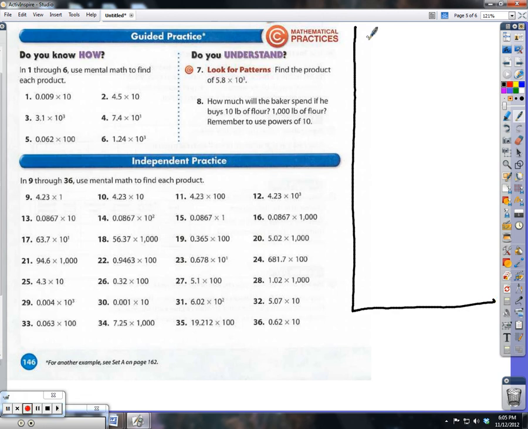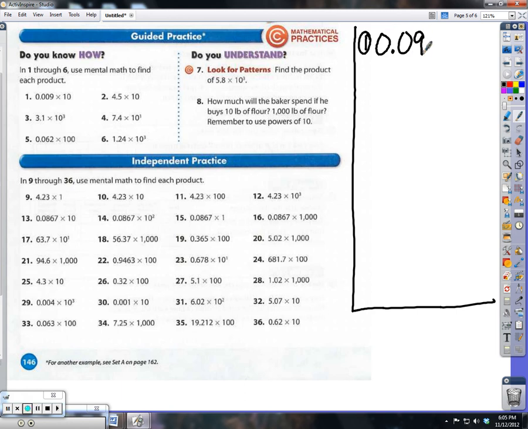So I told you on page 146 you could do the answers only. So number 1. Okay, if you look over here at number 1, you have got 9 thousandths multiplied by 10. So you move the decimal place to the right 1 place because there's only 1 0 in 10. Well, when you do that, it's going to put the decimal right in front here. So the answer would be 0.09. So you could put 0.09.